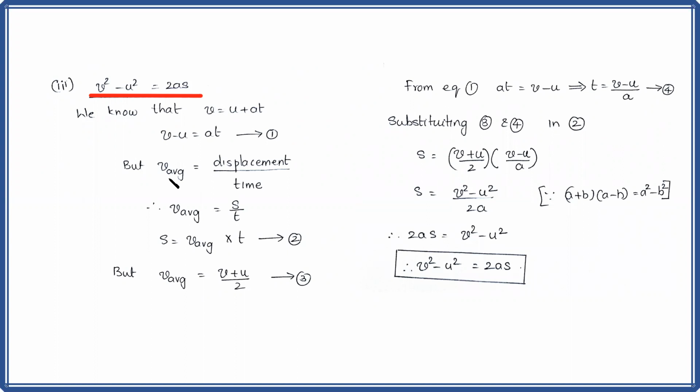And already we have discussed V average is equal to displacement by time, V average is equal to S by T. Therefore, S is equal to V average into T. Let it be equation number 2. But V average is equal to V plus U by 2. Let it be equation number 3.